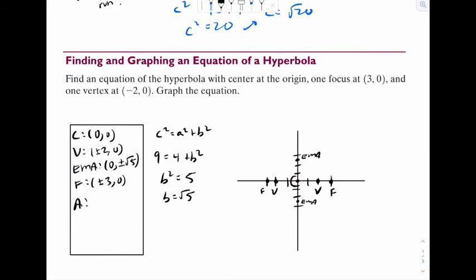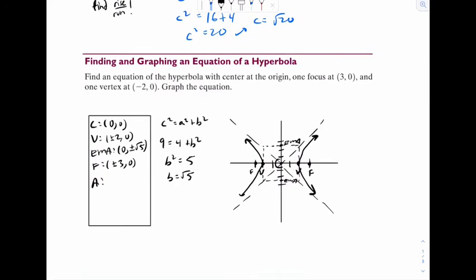Now let's make our box. So with our EMA, I'm going to go through my vertex like so. So there's our nice box. Now make your asymptotes through the diagonal. And then let's open up our vertex for our hyperbolas like so.